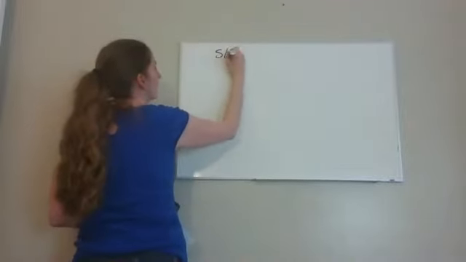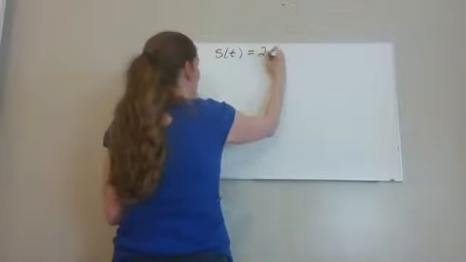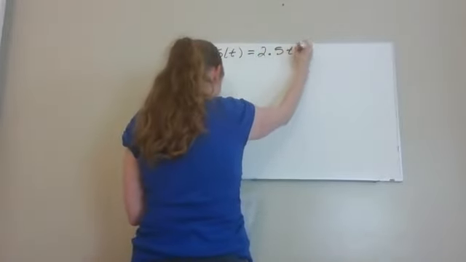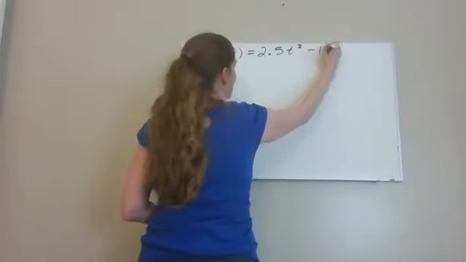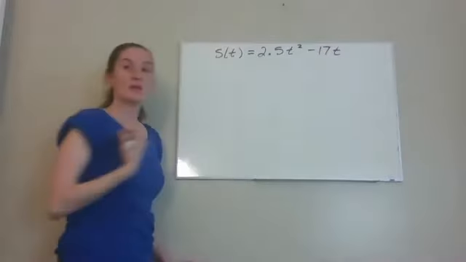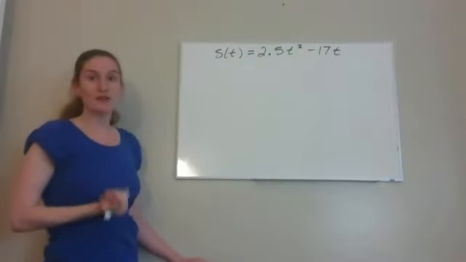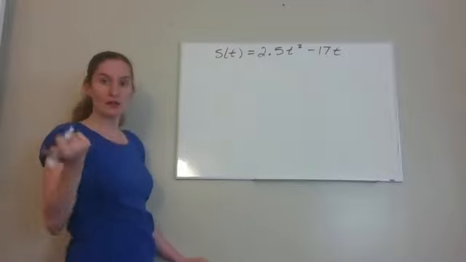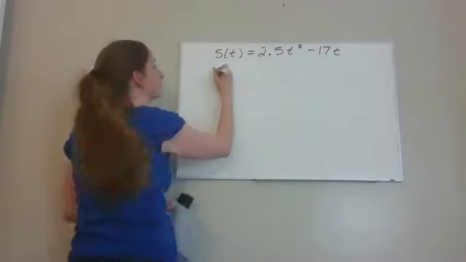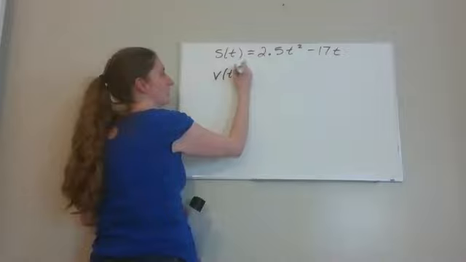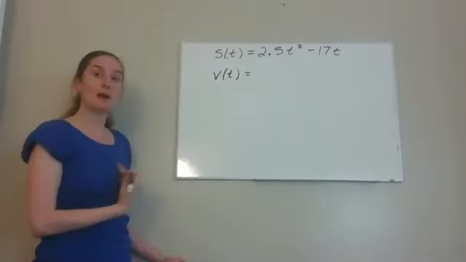So our position function was 2.5 t squared minus 17t. And I know that my speed function is the absolute value of my velocity. So let's find the velocity first. My velocity is the first derivative of my position.